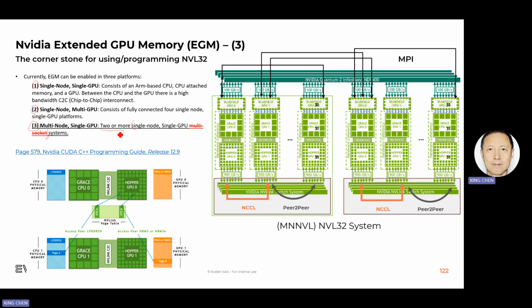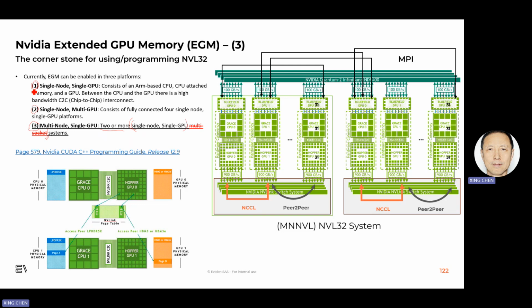But I think there is an error here because if we follow the original document, it doesn't fit the situation. So I think the text should be two or more single node, single GPU systems. And this single node, single GPU system is the Type 1 system.